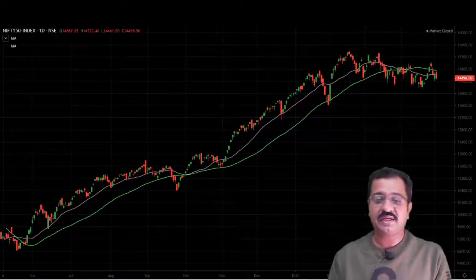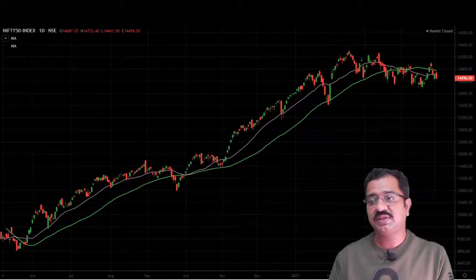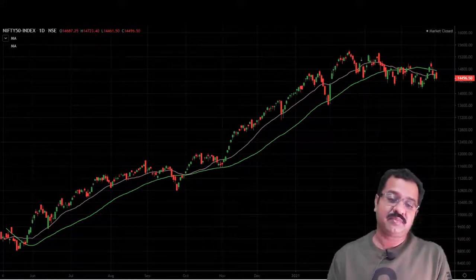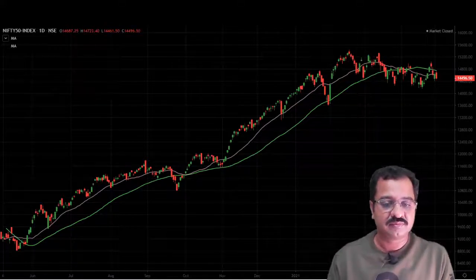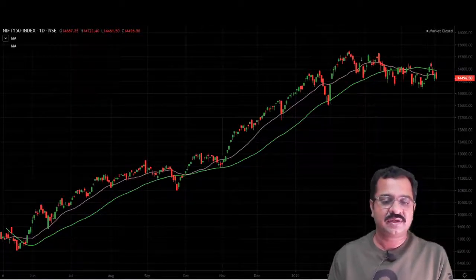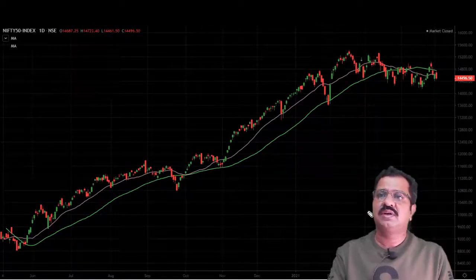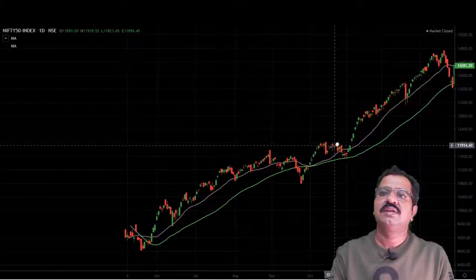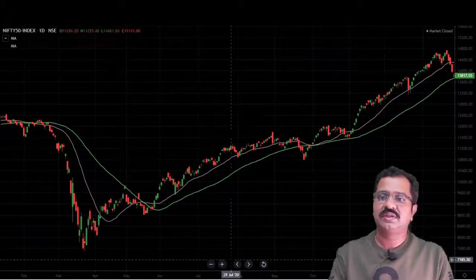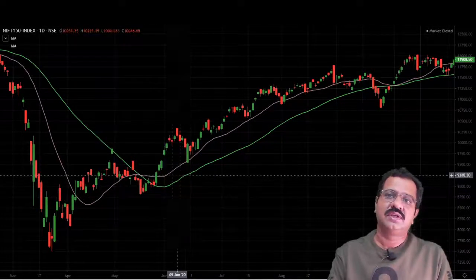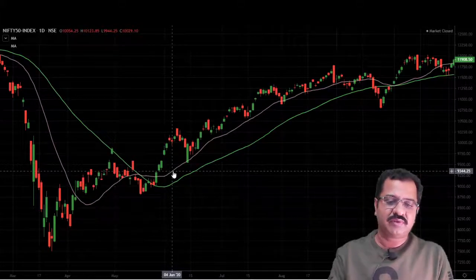It may be 20, in some cases it may be 50, or it may be bigger moving averages also. But generally if you observe this chart, what price is doing in this region, this is the 20 moving average.